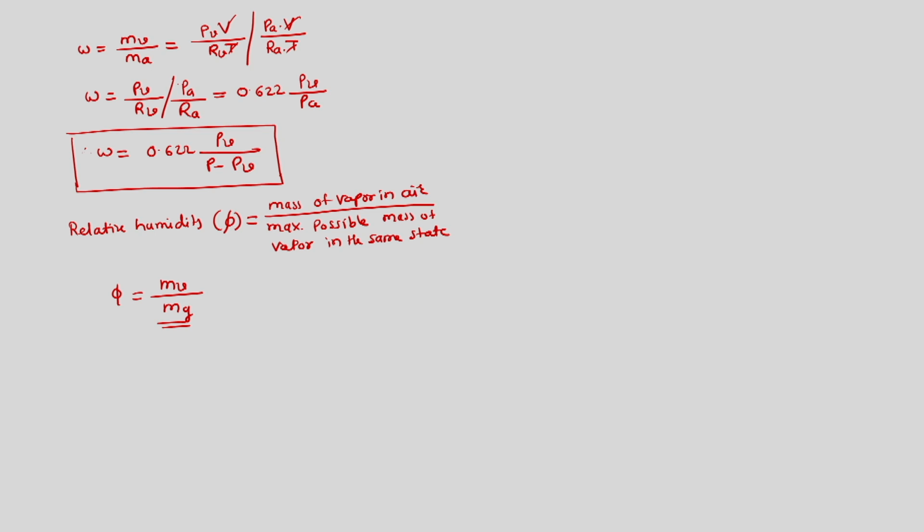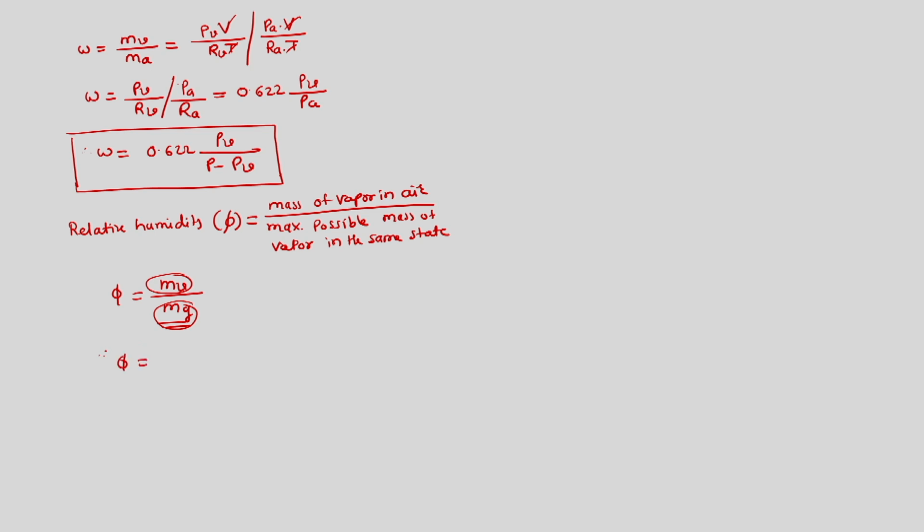The fact is there is a maximum possible mass of vapor which air can bear, beyond which air cannot accommodate the vapor. Such a maximum mass is called the saturation mass of vapor, and the actual mass present is for a given state of pressure and temperature. This ratio is called the relative humidity.